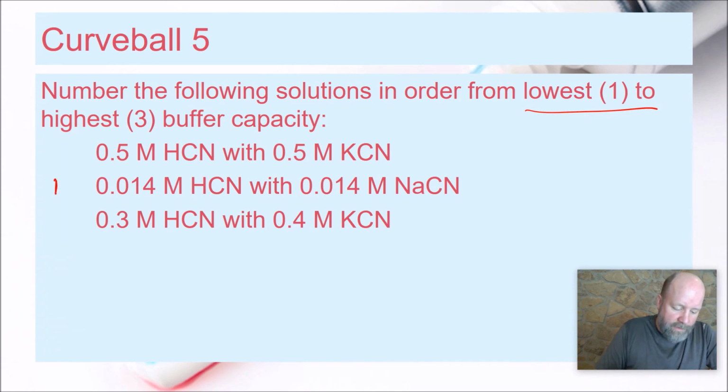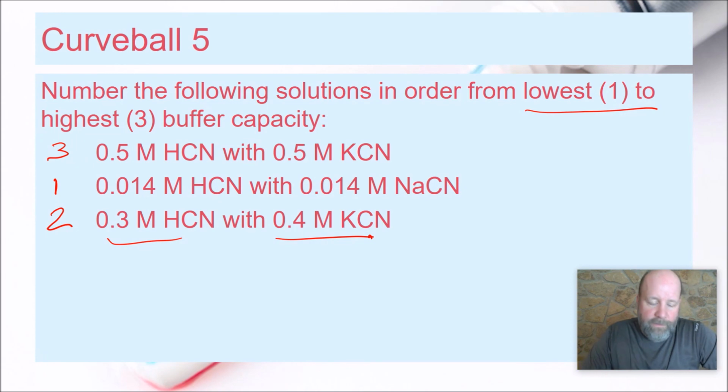That's the lowest. Looks like this is the highest, so they'll call that 3. And this one can buffer a little more acid than it can base, but still, both are less than the first one there. So 3, 1, 2 is your answer for curveball number 5. Not too bad, like I said, it's just based on concentration. The greater the concentration of the buffer, the more acid or base it can neutralize.